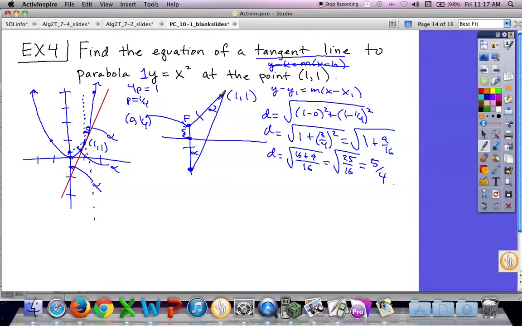So that tells us this distance is 5/4. That means this distance is 5/4.